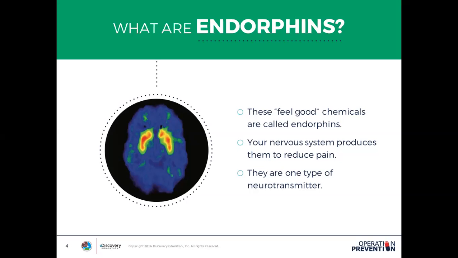Four, the body's nervous system produces endorphins in response to certain sensations, mainly stress, fear, or pain. Five, endorphins block messages of pain from reaching the brain and stimulate the pleasure centers of the brain. Six, endorphins are only one type of neurotransmitter or chemical that sends messages through the nervous system.